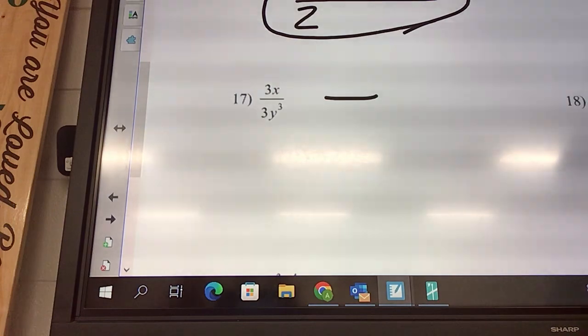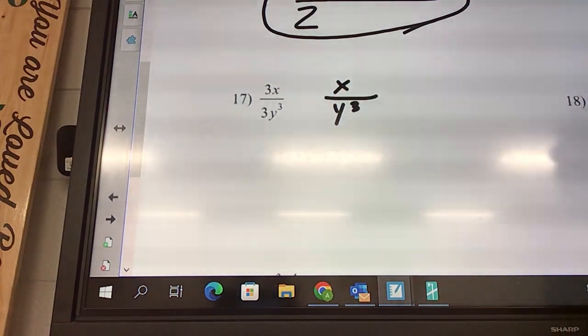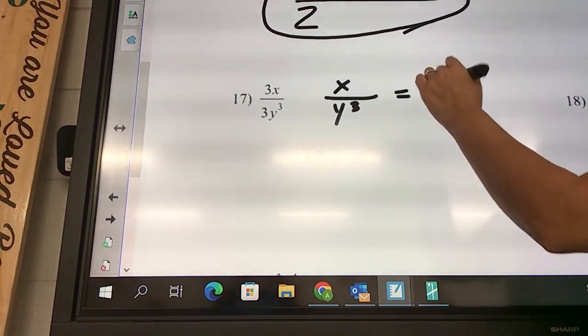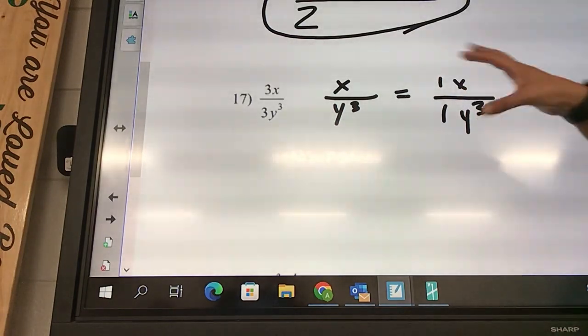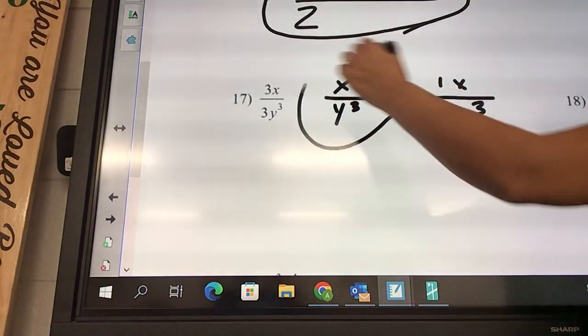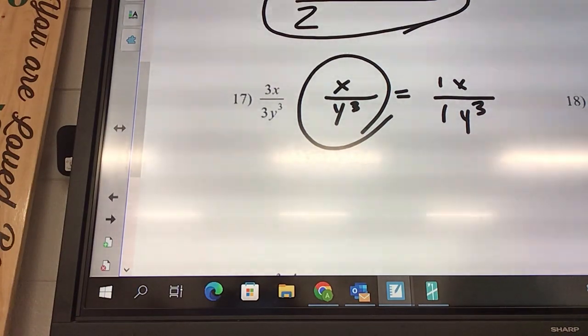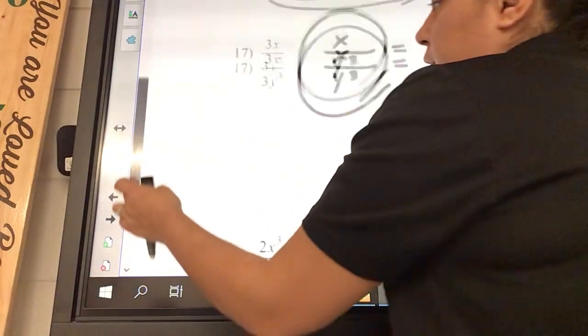So the x is going to go back in its spot, and the y is going to go back in its spot. And really we said 3 over 3. This is the same as putting 1 over 1. These are equivalent. This is the more proper answer, but the other one is totally acceptable if you prefer to write the ones on there.